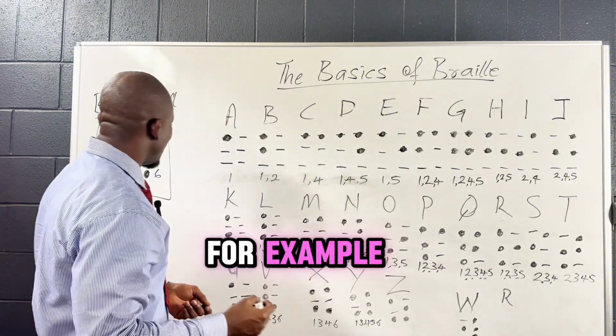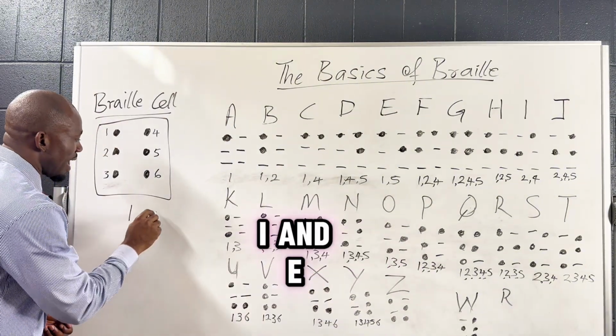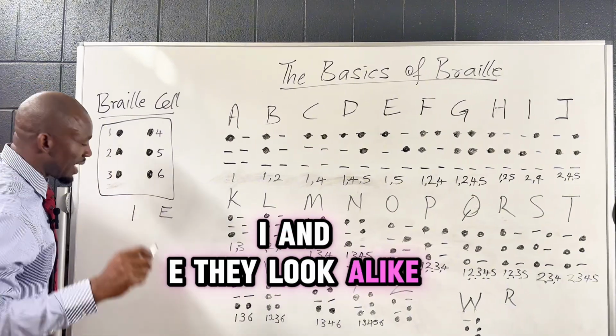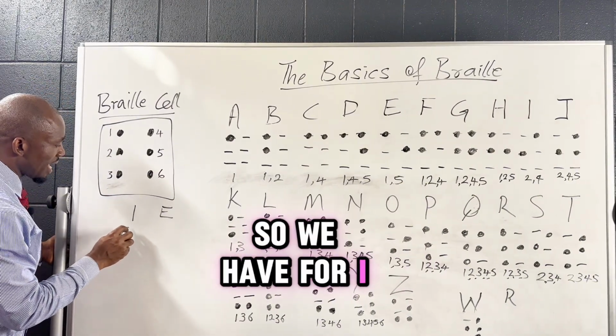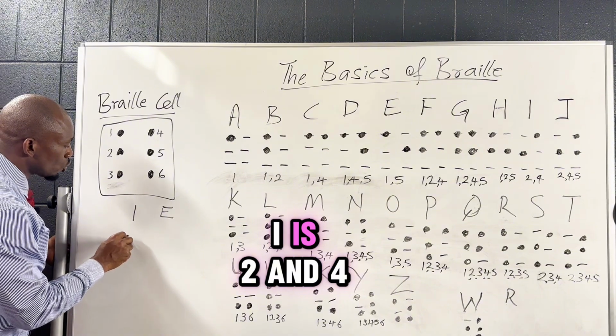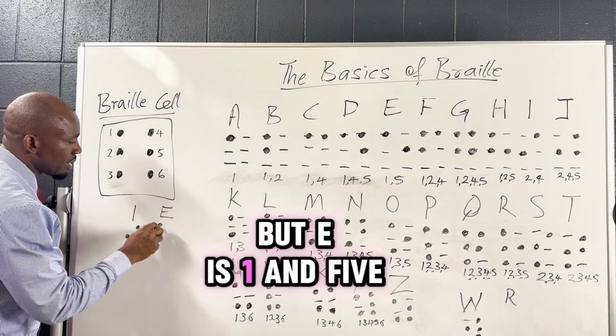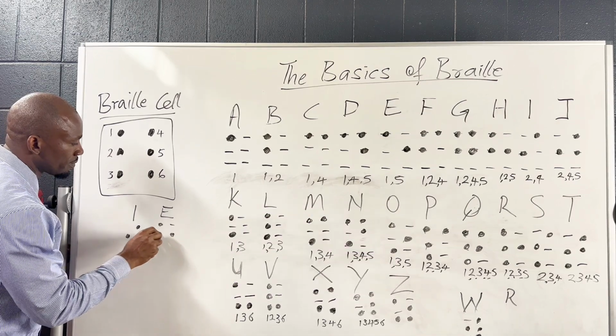For example, I and E. I and E, they look alike. So for I we have 2 and 4, but E is 1 and 5.